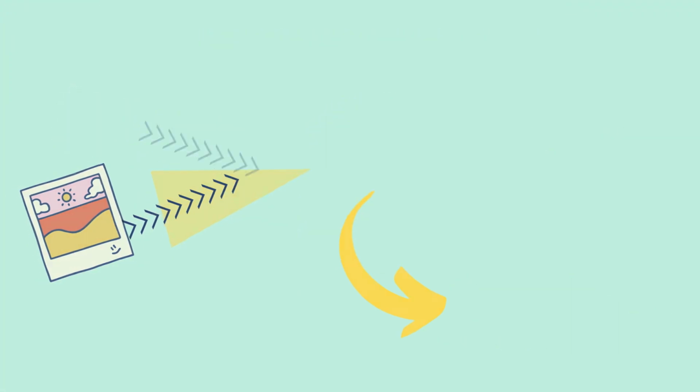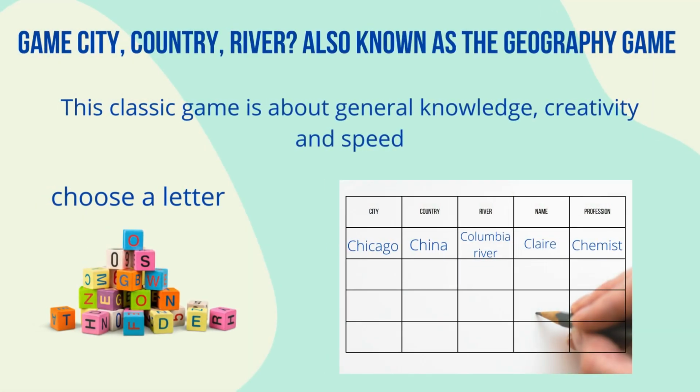Associative thinking is always an inventory of what do I know, what can I do, and what is happening to me today. Do you know the game City, Country, River? It is also known as the geography game. Let me introduce you quickly to this game, as it is the game to the ABC list. Before the game starts, the players determine knowledge categories such as city, country, river, name, profession, and so on, which are then written down on a sheet of paper.